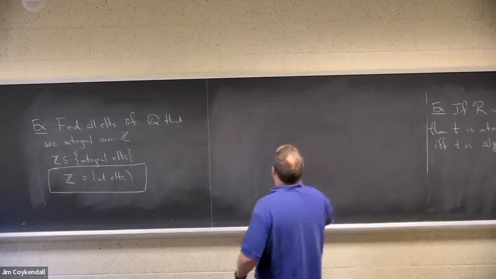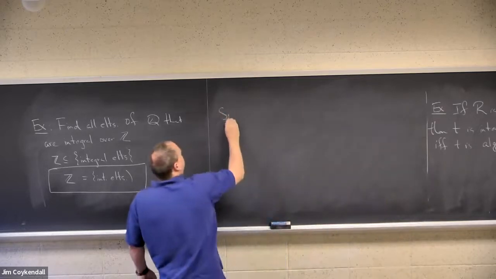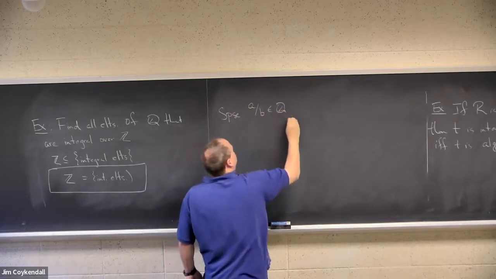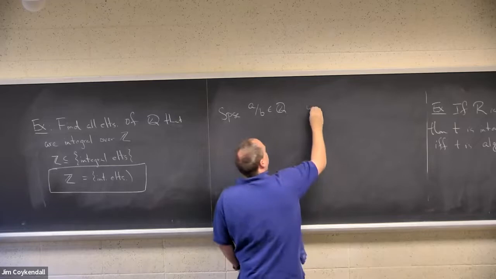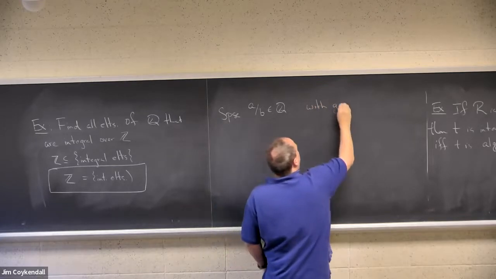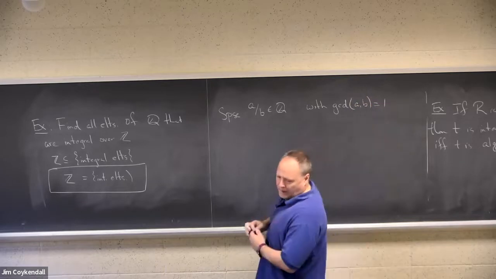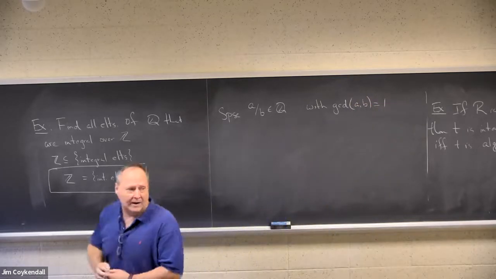Let us suppose a over b with GCD equal to 1. So I'm going to reduce the fraction.